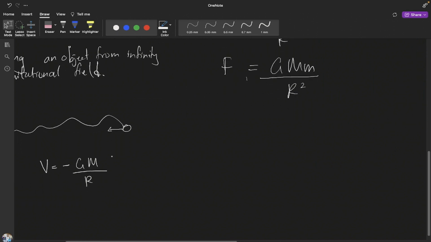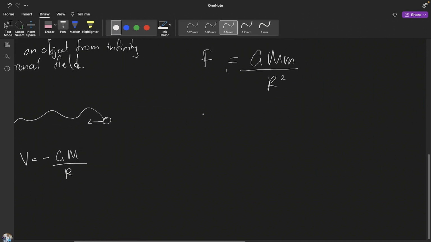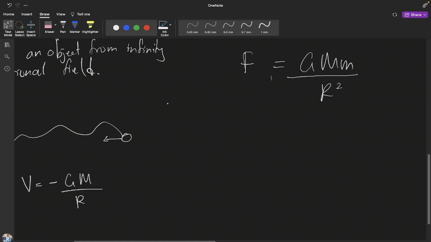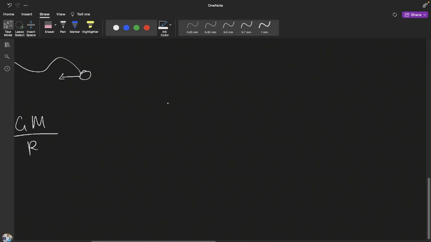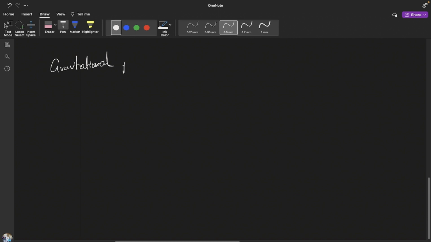Okay. Next one, we'll discuss gravitational potential energy. Now you might say you already know the equation, energy is given by mgh.